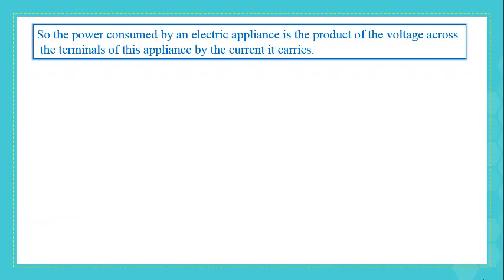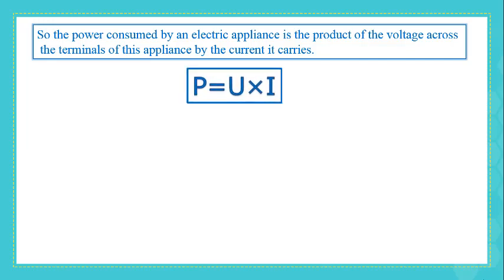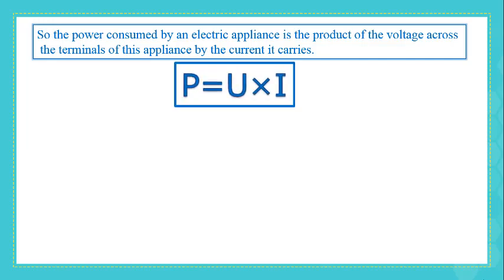So, the power consumed by an electric appliance is the product of the voltage across the terminals of this appliance by the current it carries. So, here's the formula. Power is equal to UI.